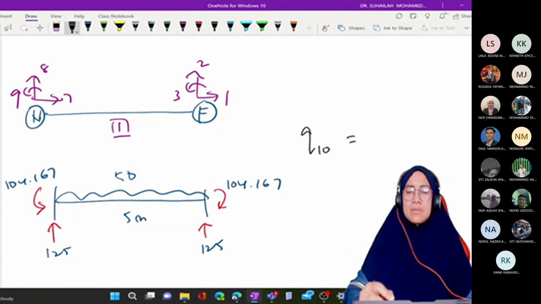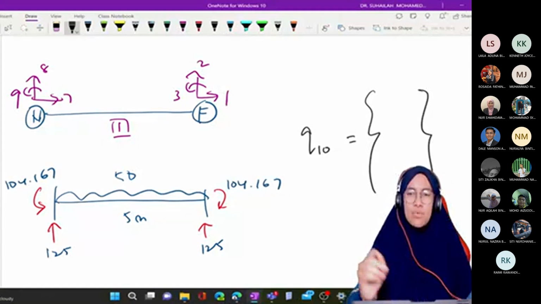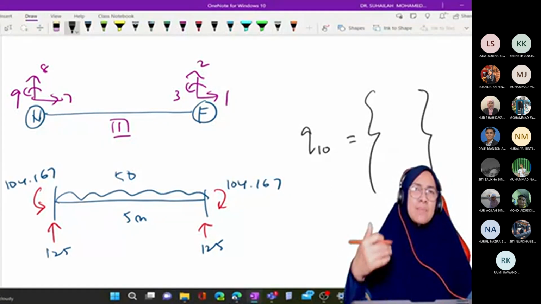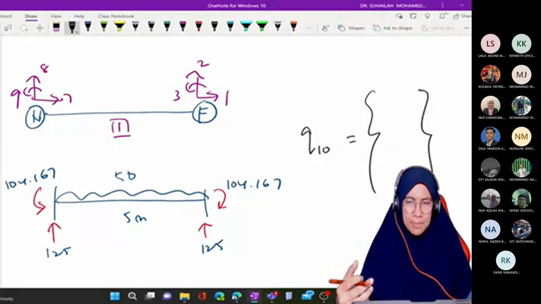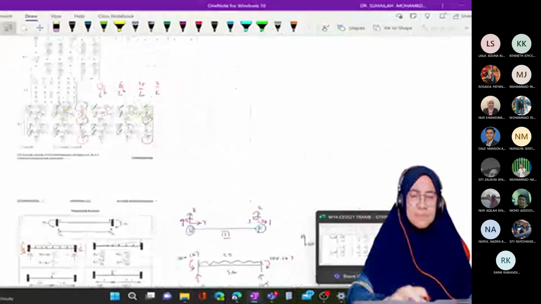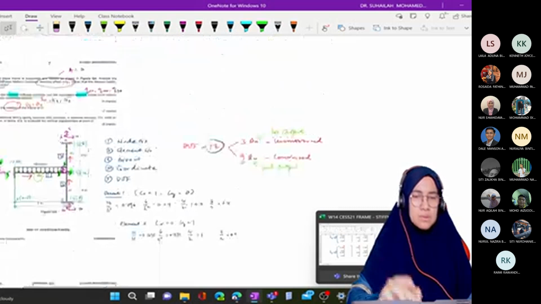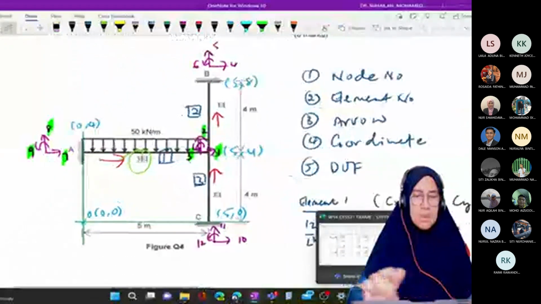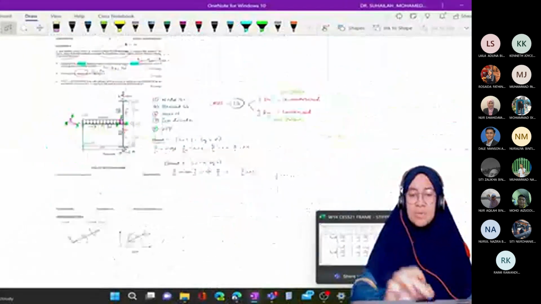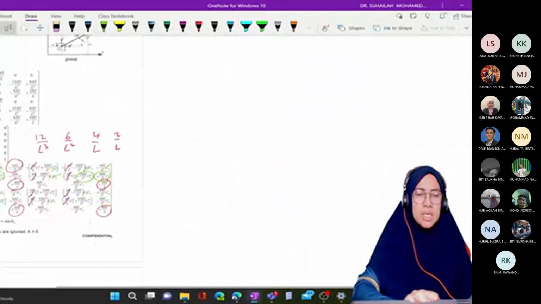We will get 6 values, which we label the same as we label K1. For K1 we label as 7, 8, 9, 1, 2, 3.